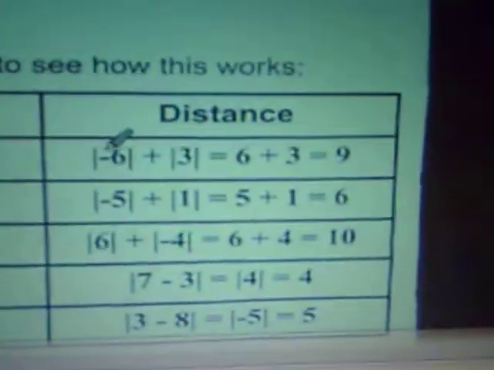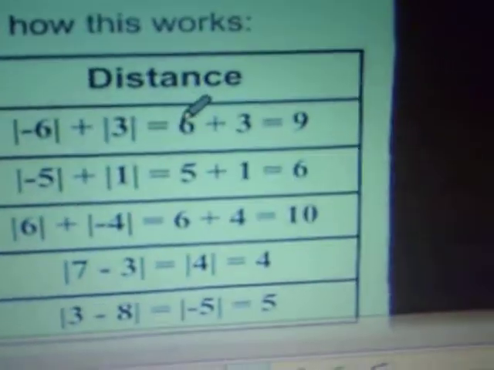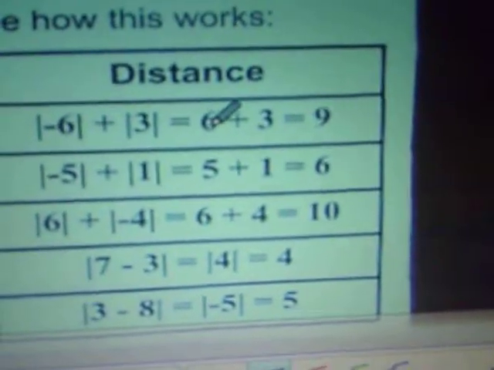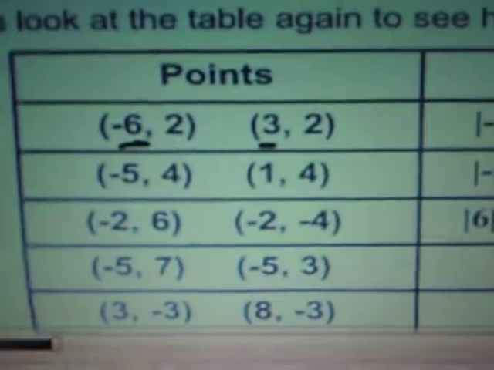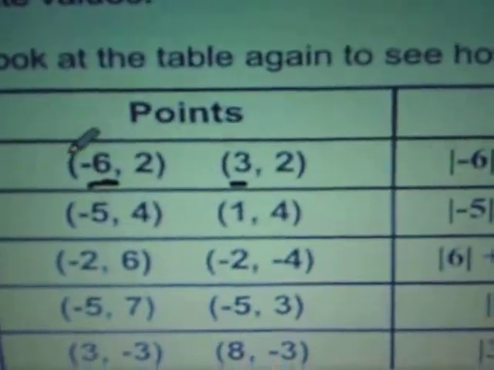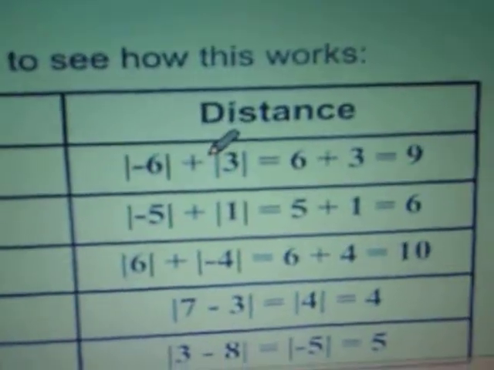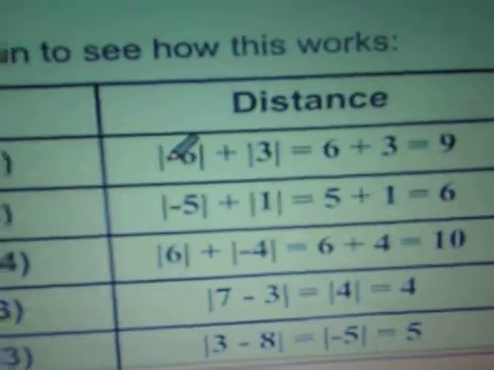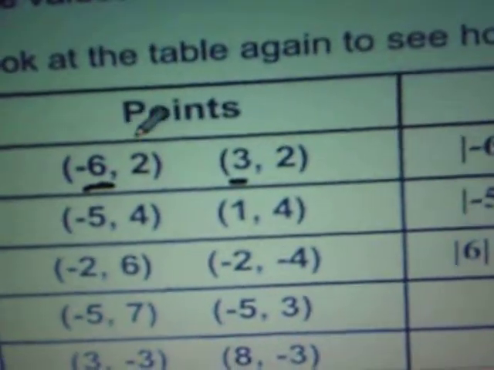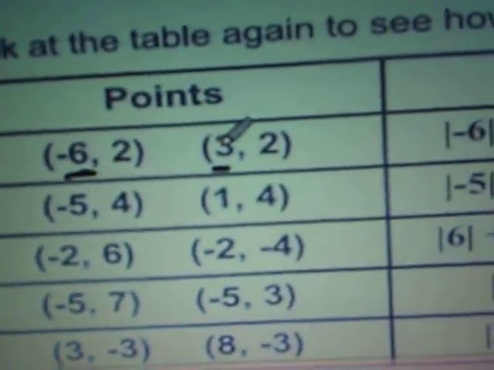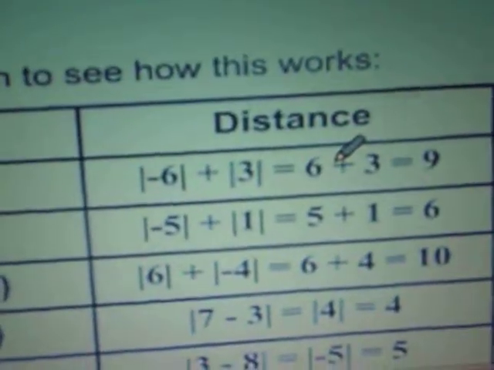So you find the absolute value of -6 and 3. Absolute value of -6 is 6. Absolute value of 3 is 3. Then you have to look to see if you add or subtract those absolute values. In this one, you would add the absolute values because the 6 in the original point was a negative, and this one was a positive. You had one negative, one positive. So you'd have to add their absolute values.